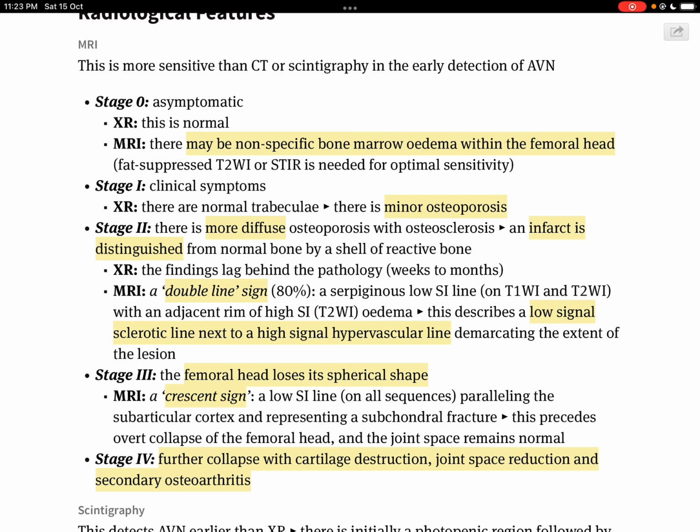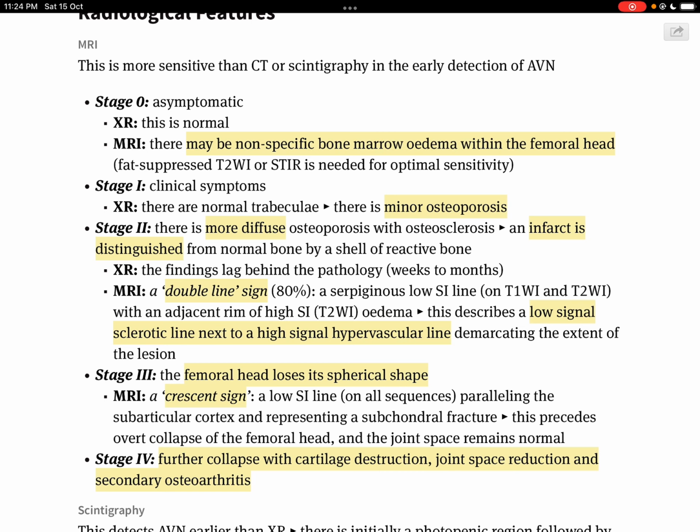On MRI, a double line sign is present in 80% of cases. It is a serpiginous low signal intensity line on T1 and T2 weighted imaging with an adjacent rim of T2 high signal intensity that represents edema.